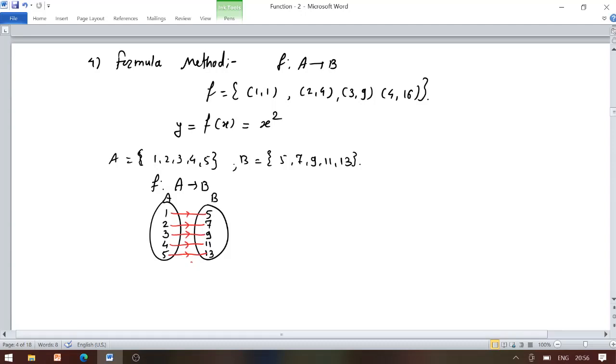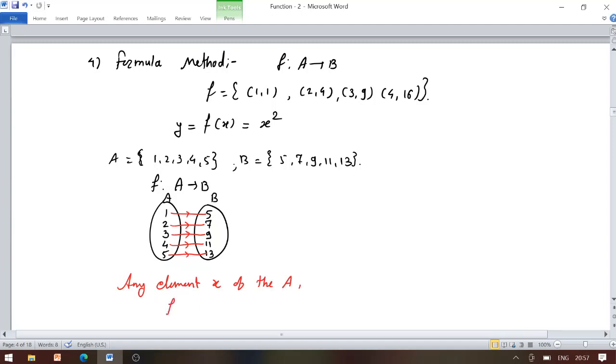So let us assume any element x of the set A. Then the element of the set B related to x is obtained by adding 3 to twice x.